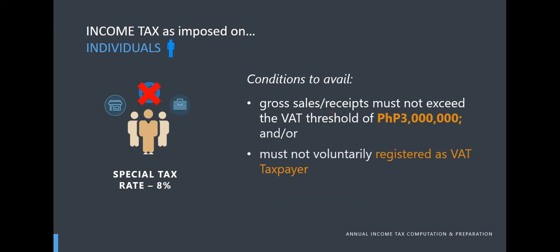There are some taxpayers whose gross sales or receipts did not meet the 3 million VAT threshold, but some of them voluntarily register as VAT taxpayers. If an individual opts to become a VAT registered taxpayer, he can no longer avail of the special tax rate of 8%.